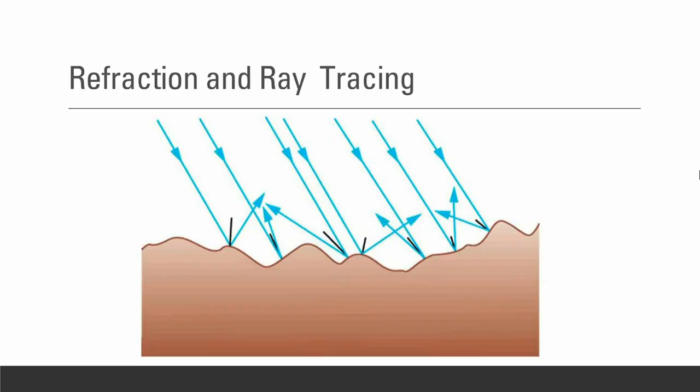It's going to hit the surface and bounce off at an equal and opposite angle, but because the surface is now rough, when you add up the effect of several different light rays hitting it, you get refraction instead of reflection, which you get for a nice smooth surface.